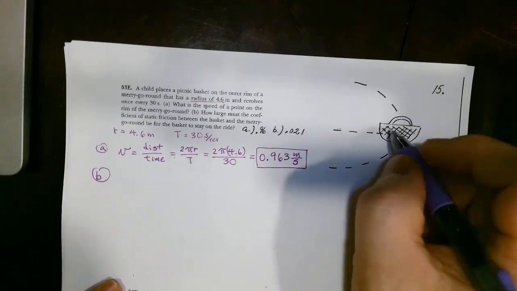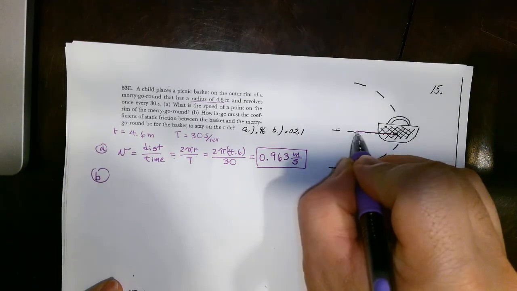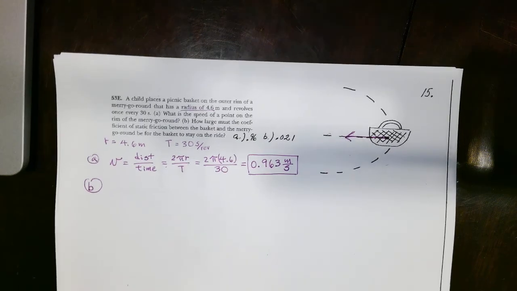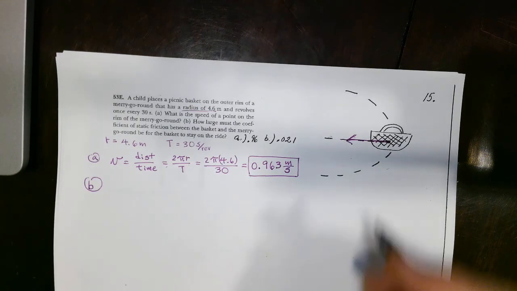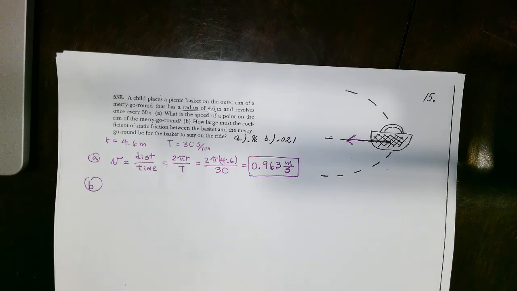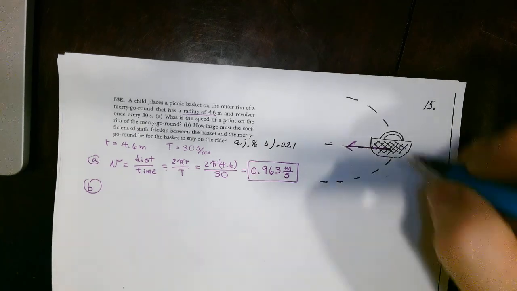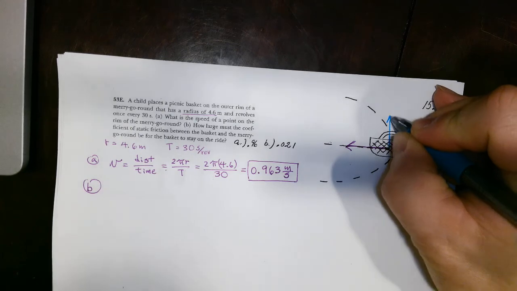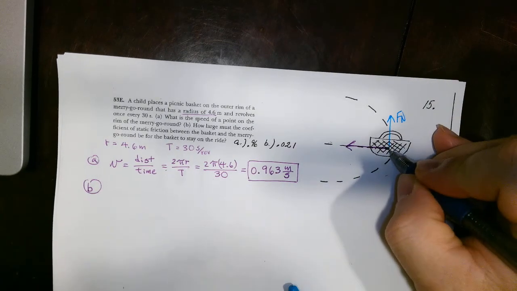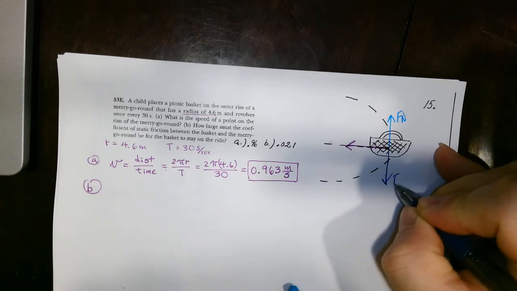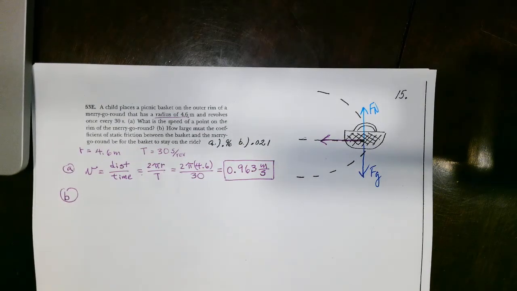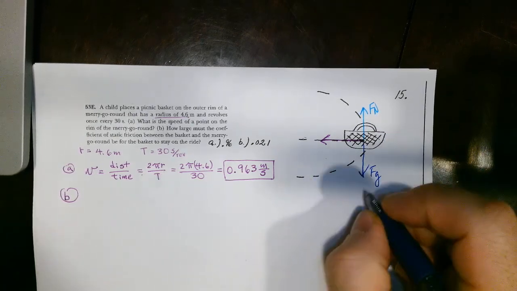We know the friction is what's keeping this picnic basket from sliding off the circular path, right? Without the friction, it's going to go tangentially. Well, this also has the normal force and Fg acting straight down. Okay? And you know F normal has to equal Fg, right?